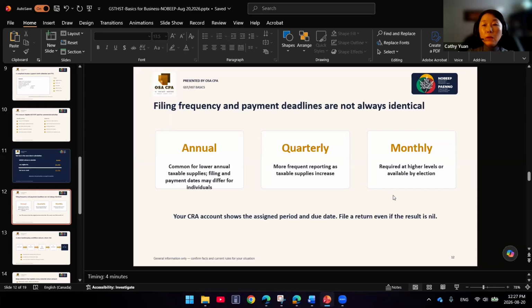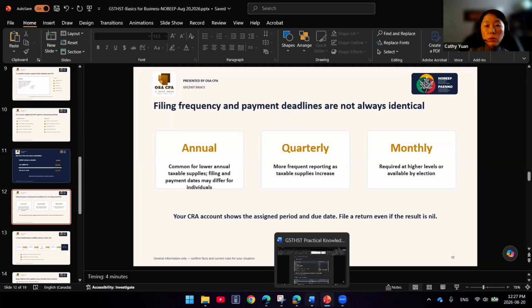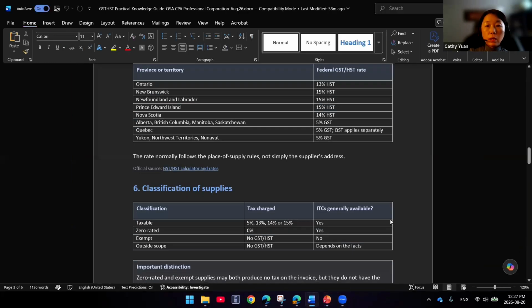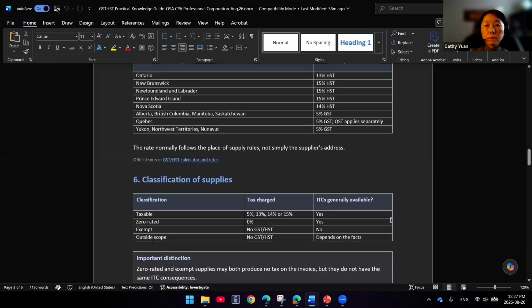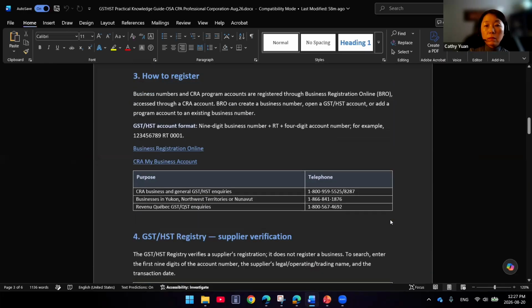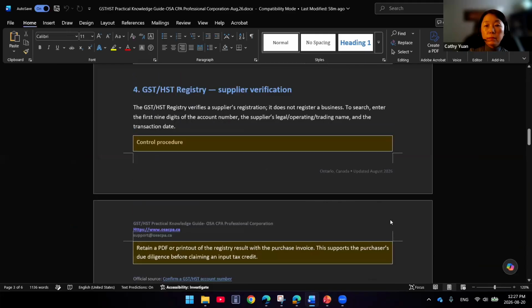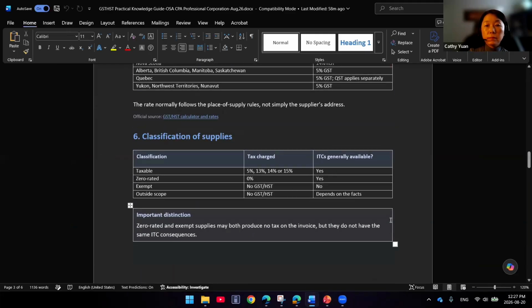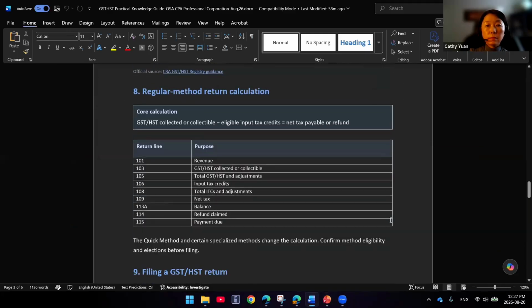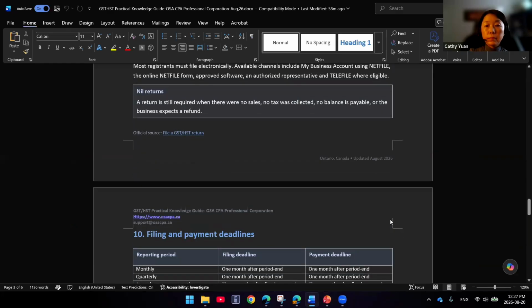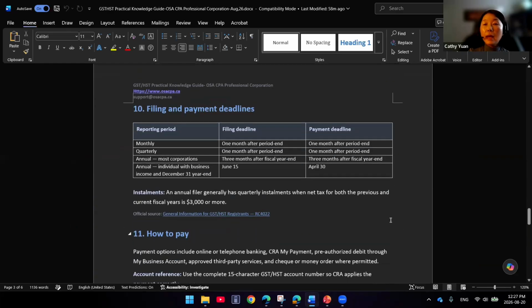Okay, for annually, I can also share where it is. Okay, can you see this table? That is the filing and payment deadline.